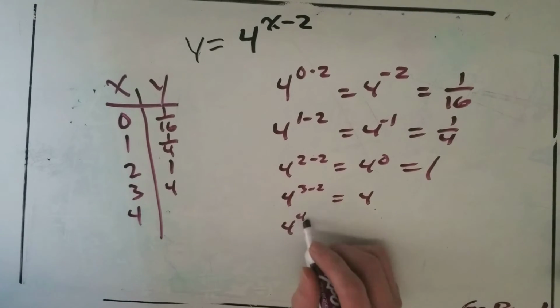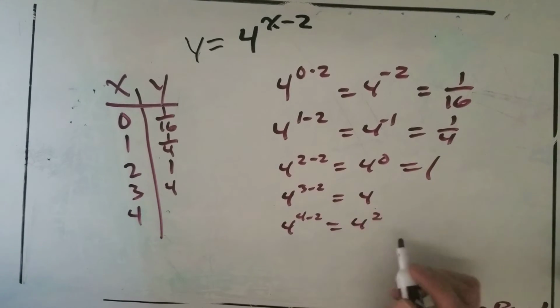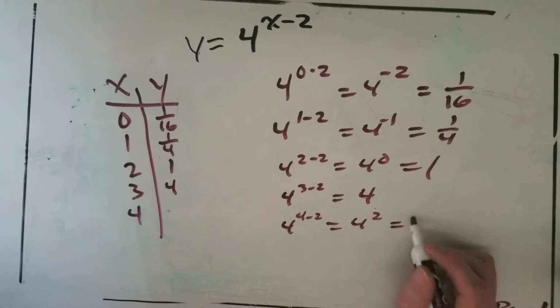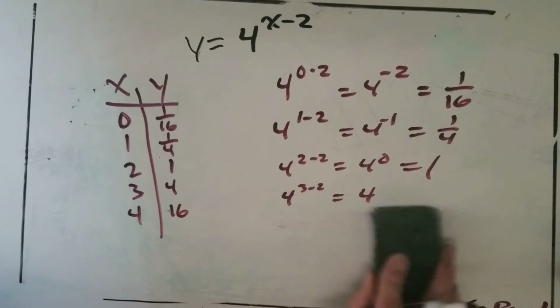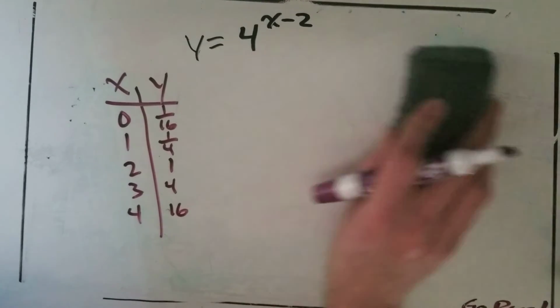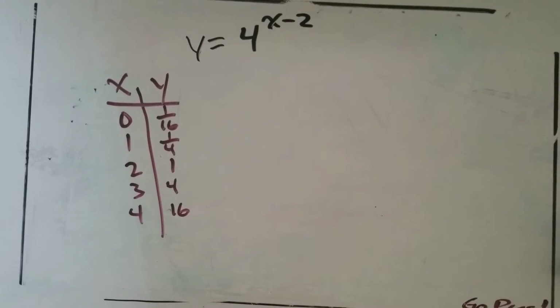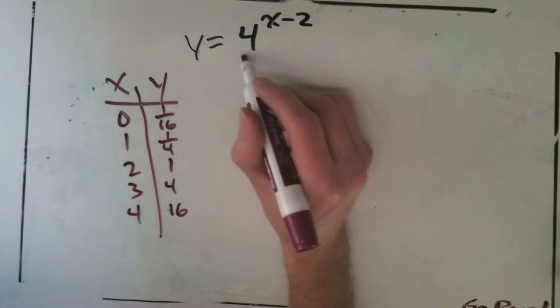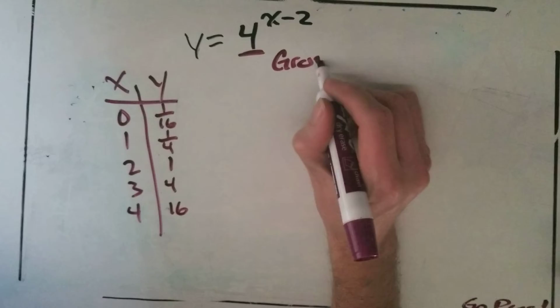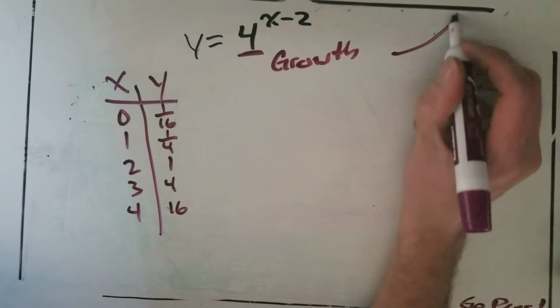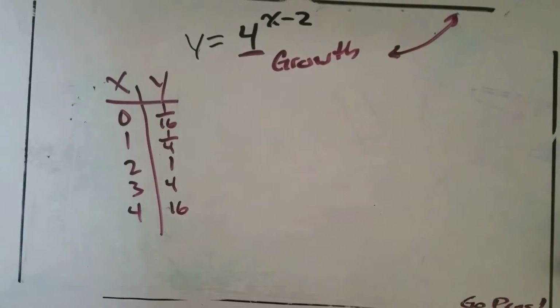And 4 to the 4 minus 2, which is 4 squared, which is positive 16. So positive 16 is our final value. We should have been able to tell right from the beginning that this is a growth function. 4 makes it a growth. So we should expect a graph that looks like this.